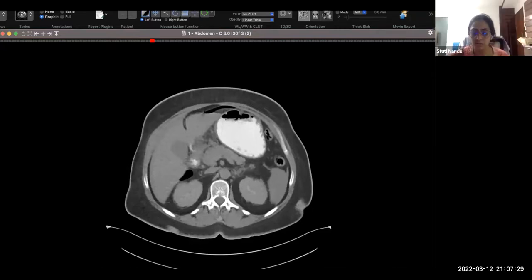Yes, on this scan, I can see that there is a focus of free air seen near the third segment of the duodenum and anterior to the right kidney along the liver. So there is likely a perforation from the side, from the duodenum itself.